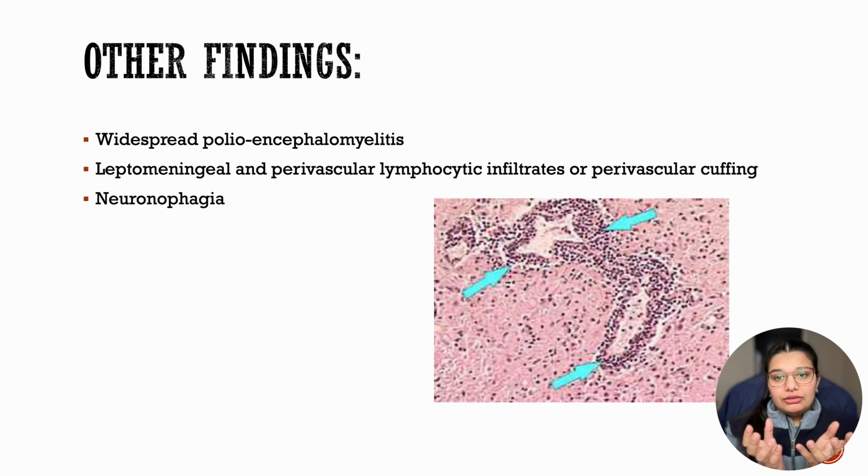This appearance is called perivascular cuffing, and it is seen in rabies. And of course there is neuronophagia, where neurons die because the virus infects them, and this leads to the Babes nodules we discussed before.